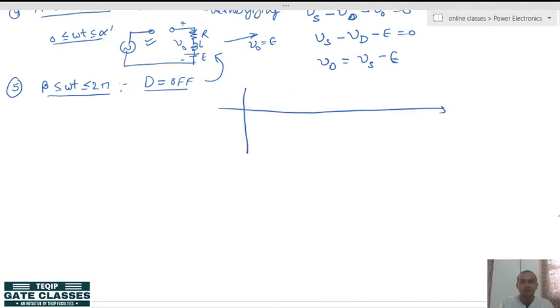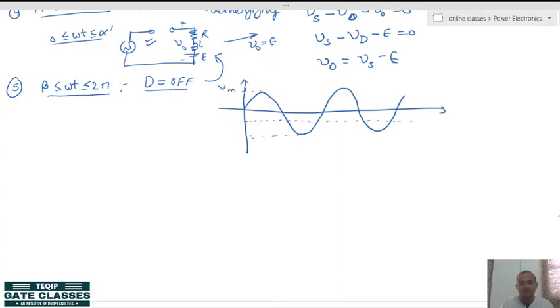Here you have E, this is my E, and this is my sine wave. So if this is the sine wave and this is E, let's say this is Vm and this is minus Vm.